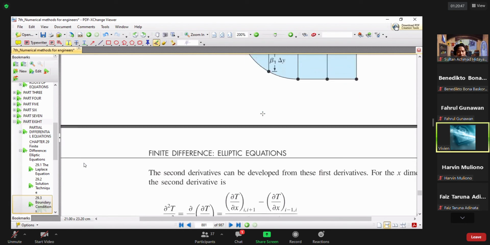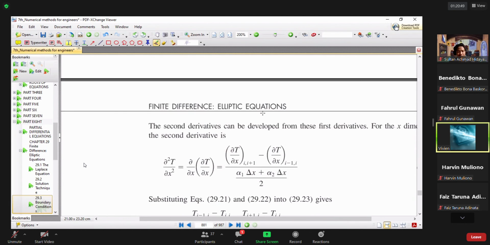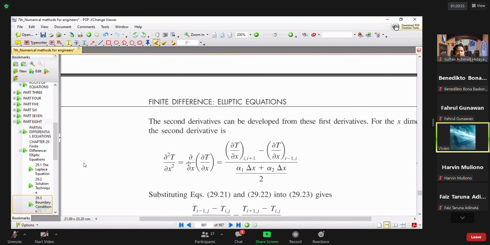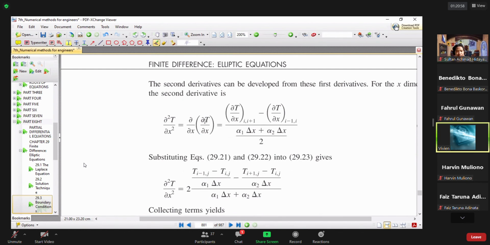So now if we want to find the second derivative, we can find it from the derivative of the first derivative.